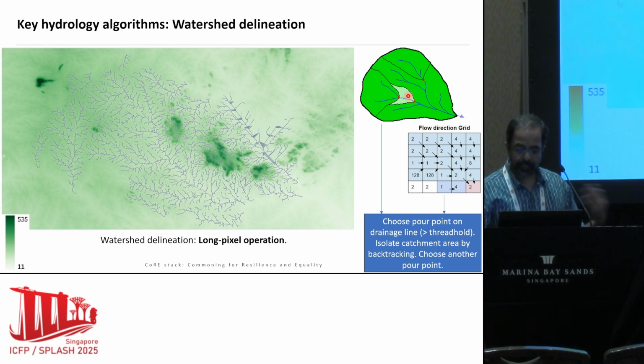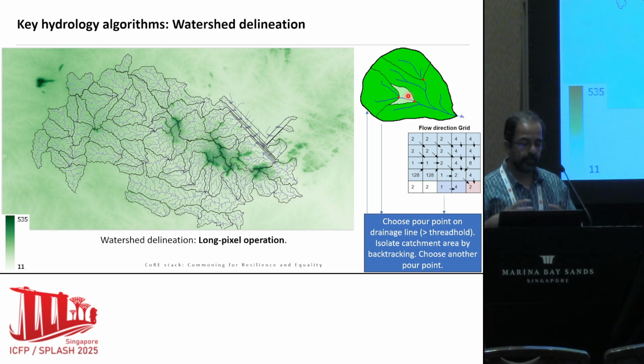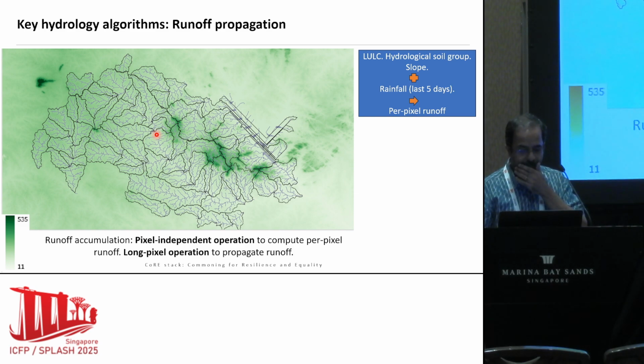Again, these are different versions of long pixel operations, and you eventually break up a particular landscape into smaller units. These units are easy for analysis because whatever rain is falling in one unit is constrained in that unit. There's one outlet point from it. And it is on this that you then do your runoff accumulation.